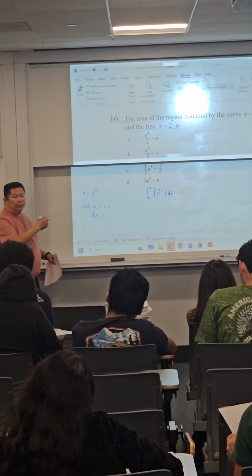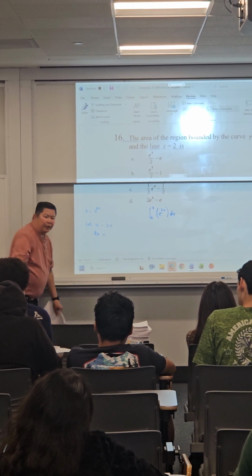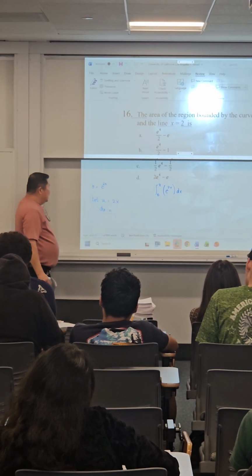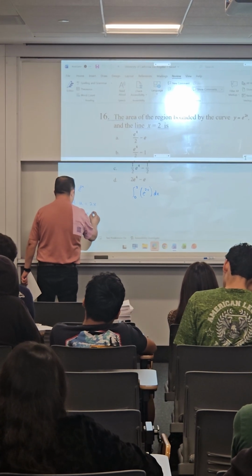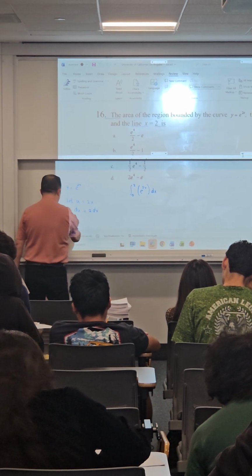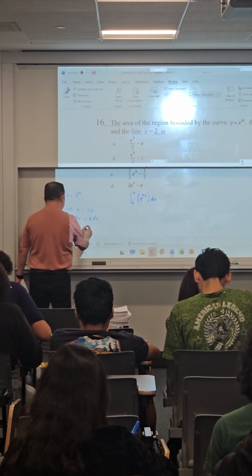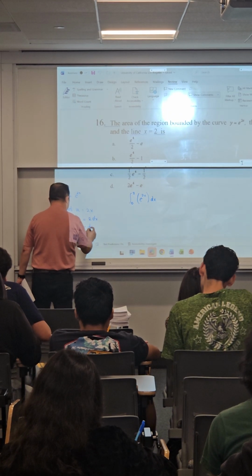So you don't have to keep moving the dx from left to right. So I'll just put right away the dx on the right. So derivative of 2x is 2, and then I put dx. So therefore, 1/2 du, or du over 2, is equal to dx.